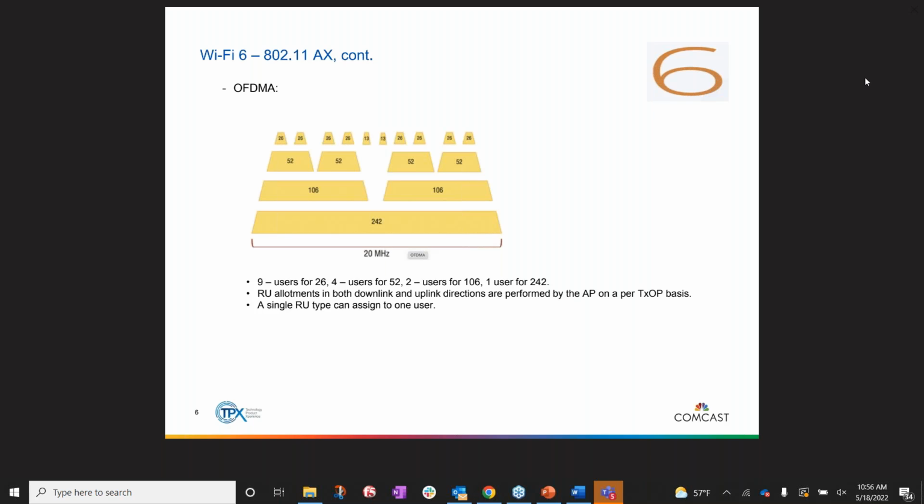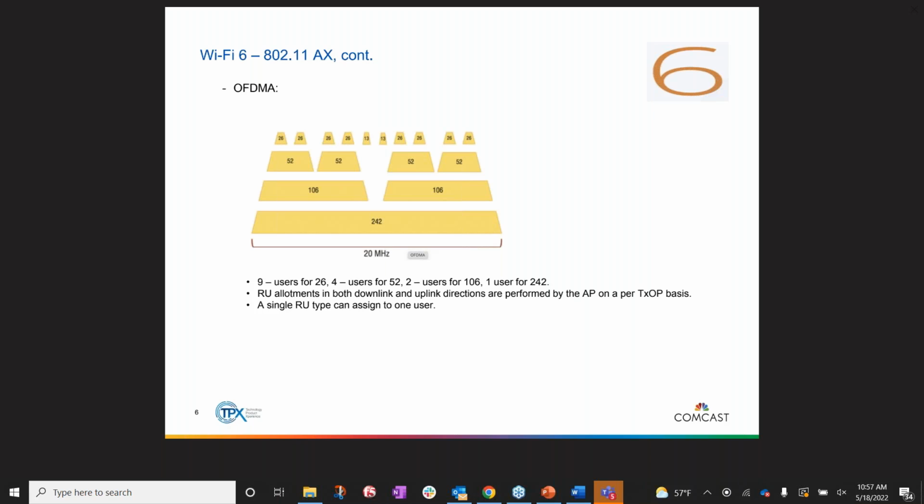So here, the smallest granularity tone we get in 20 megahertz is 26, and individual 26 tones can be assigned to 9 different users, and in the middle of the channel you see a 13, but those can be combined together and assigned to a single client.